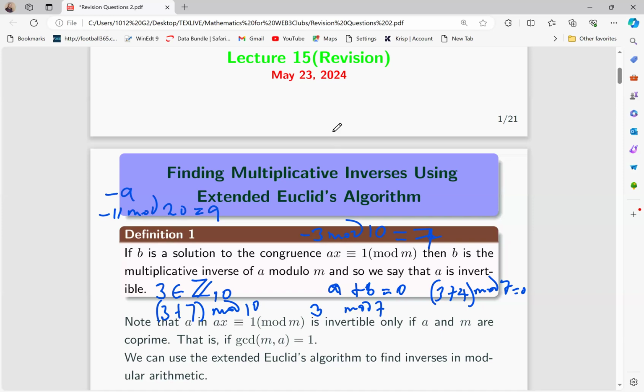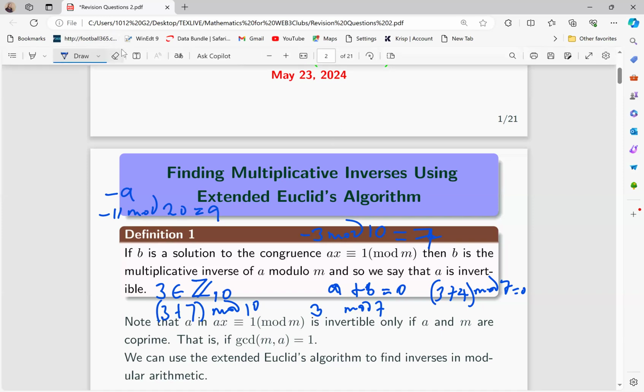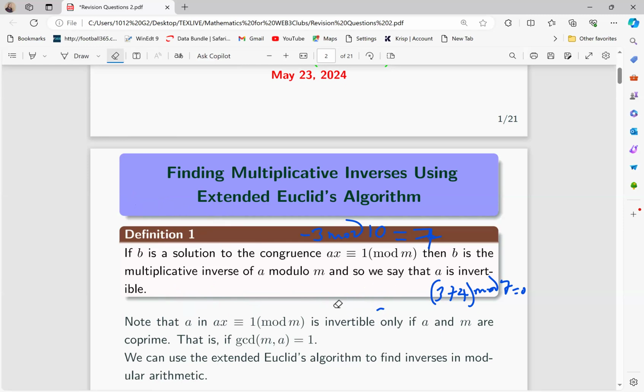But what I want us to look at today is multiplicative inverses, and we do that by the extended Euclid's algorithm, which we learned. So again, I just define what I mean by a multiplicative inverse, the same way I've defined an additive inverse.